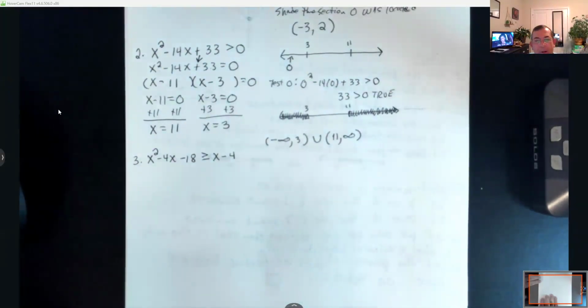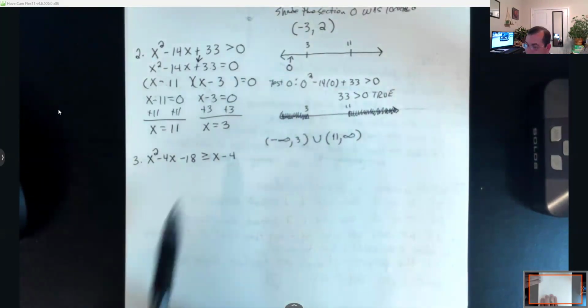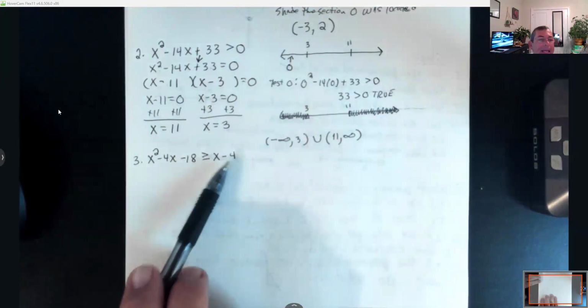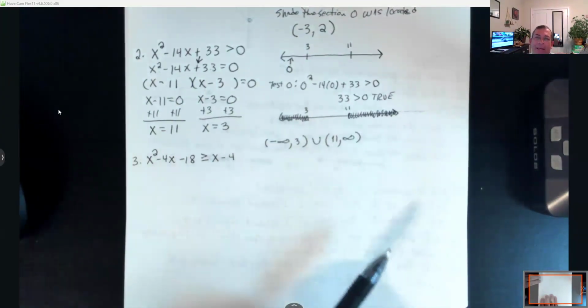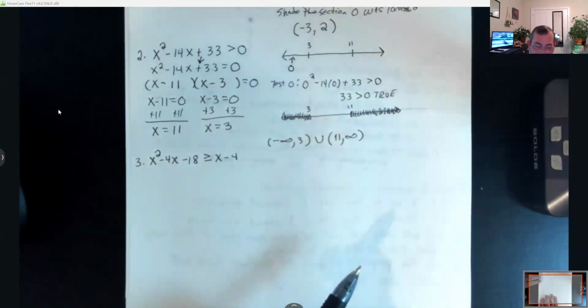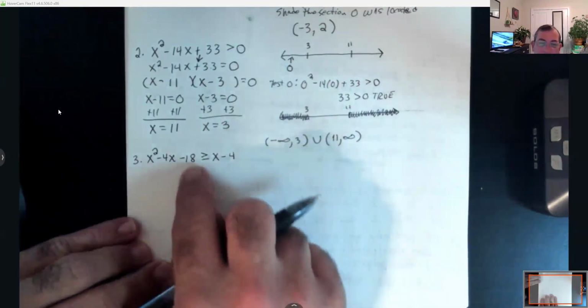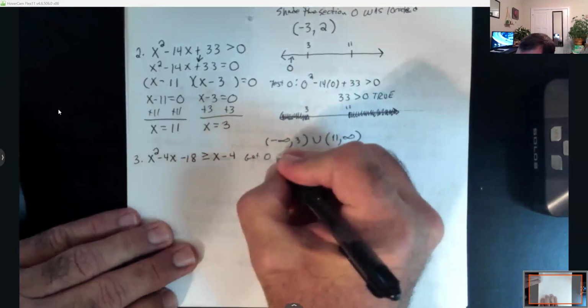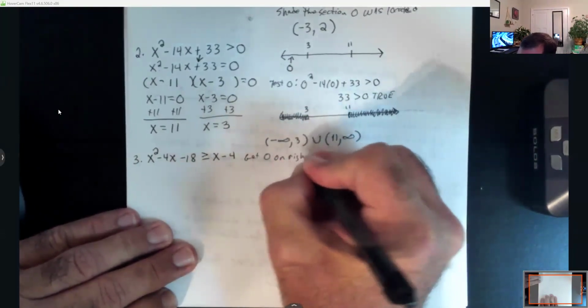So here's the thing on this one. I got stuff on both sides. But y'all, guess what? I need on the right side is a big 0. So we need to get a 0 on the right side.